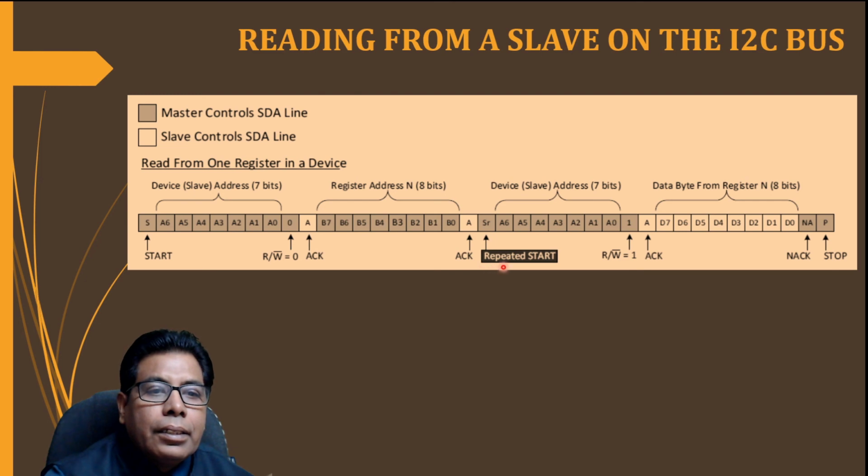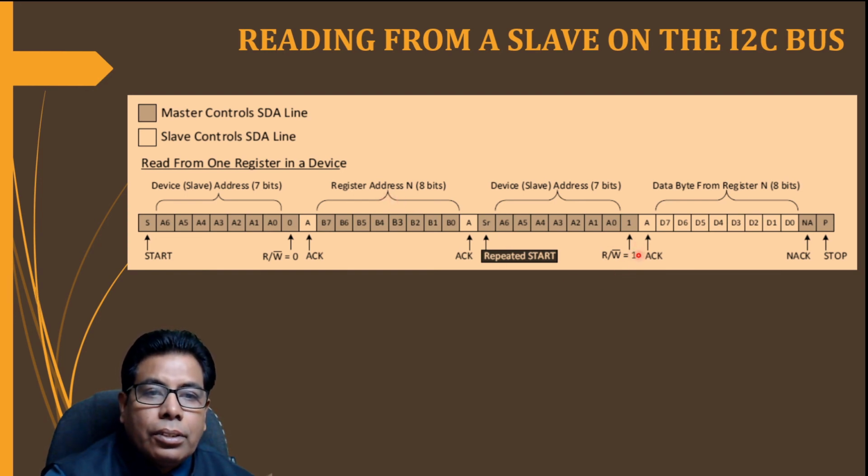Then here repeated start, SR. So again the same address of the slave is given here, and with here RW bit 1. So that is for the read operation. So already it has given the register address.